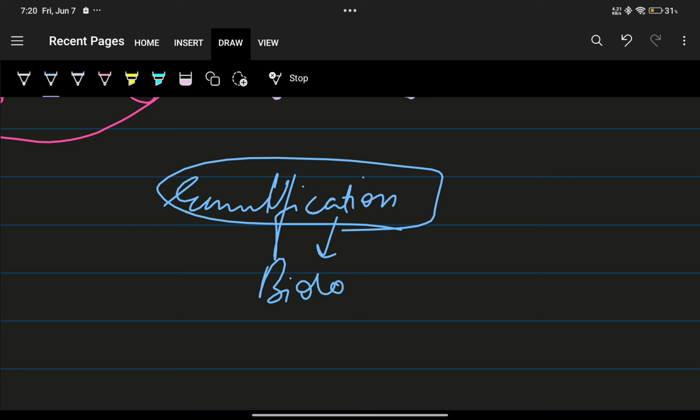If you remember the first chapter in biology, which was life processes, and in that chapter, in the human digestion part, we had emulsification of fat. You remember the pancreas secreted bile juice, and bile juice helps in emulsification of fat. What was that emulsification?